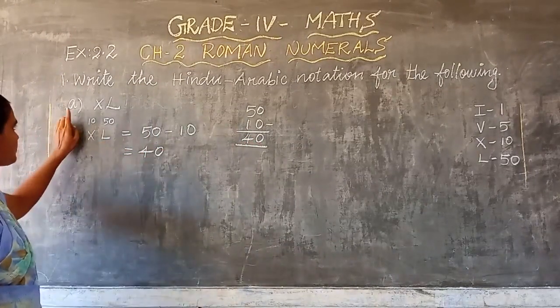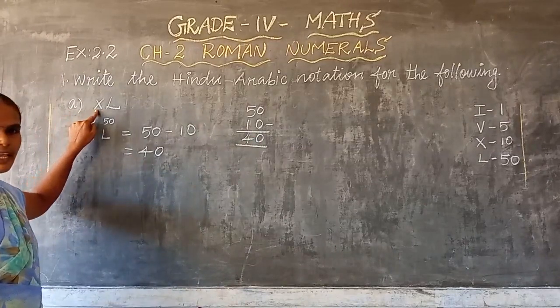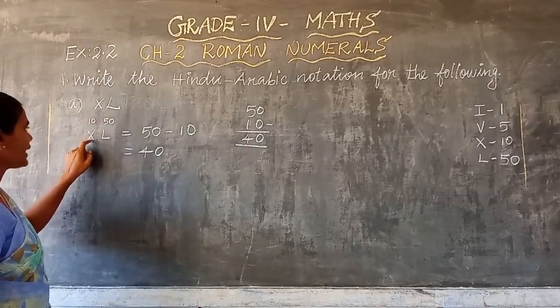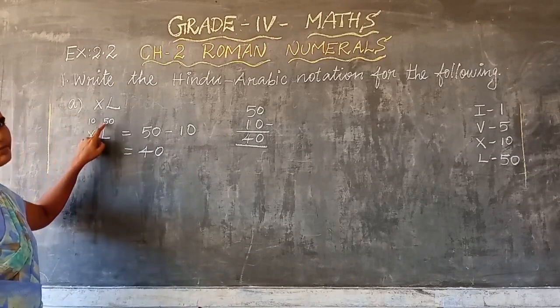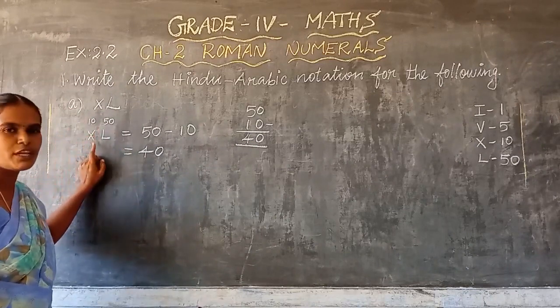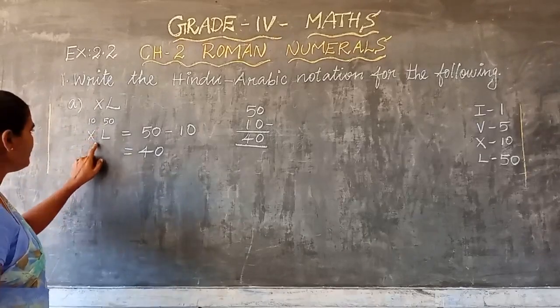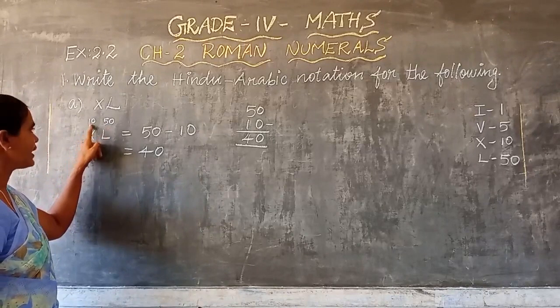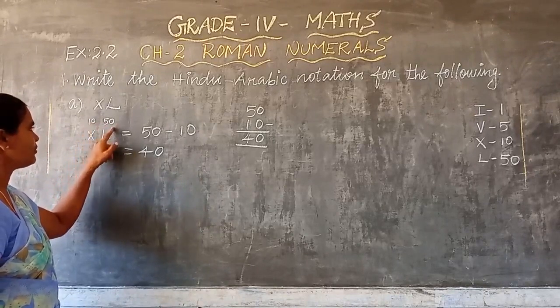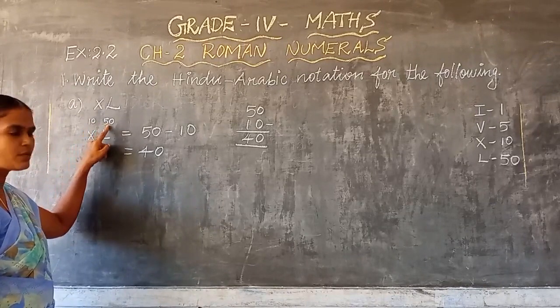See here, the question is XL. Value of X is 10, value of L is 50. So just recall the rules. Here is the small number, this one is the greater number. 10, 50, you compare these two numbers. This one is small, this one is greater.